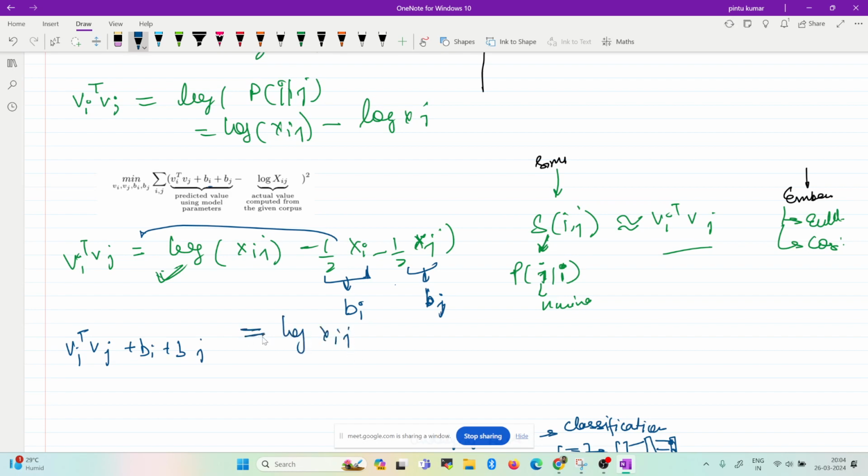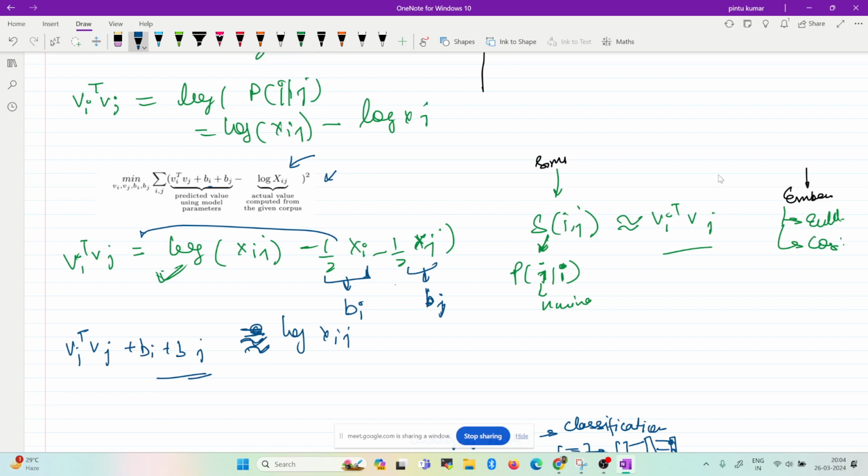This is what we want. So if we want this, then we can minimize the squared error between this particular quantity and log xij. This won't be exact equality, but approximately they should be equal, and then we can minimize this. This is the idea behind GloVe.